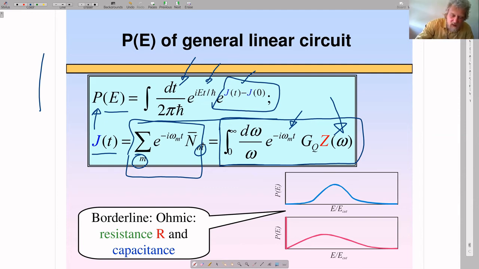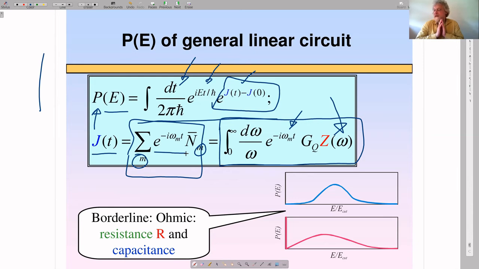And they all end up in this expression. Good. So we know how to compute, in principle, P of E for a general linear dissipative circuit.